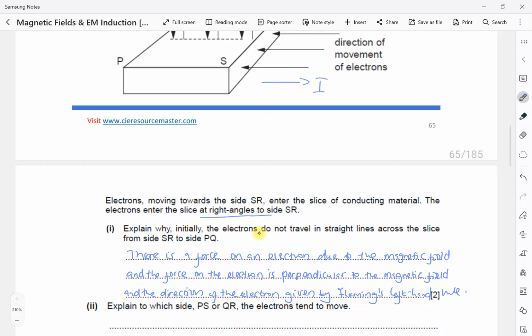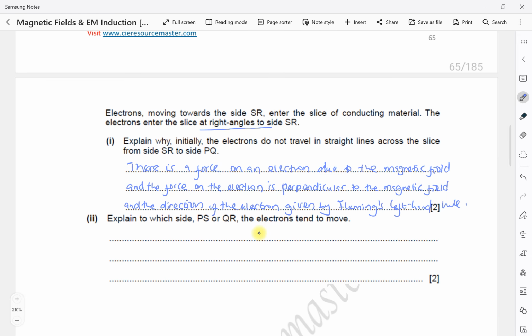So there is a force on an electron due to the magnetic field, and the force on the electron is always perpendicular to the magnetic field and the direction of the electron as predicted by Fleming's left-hand rule.